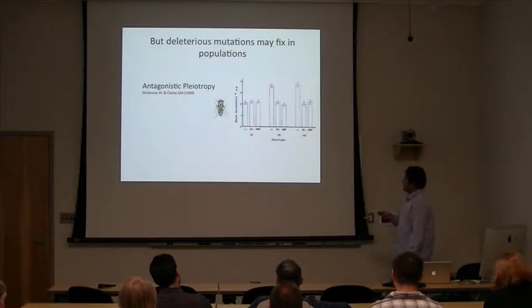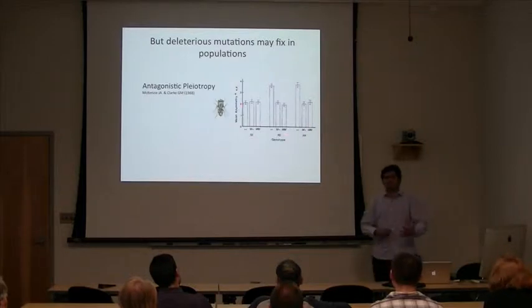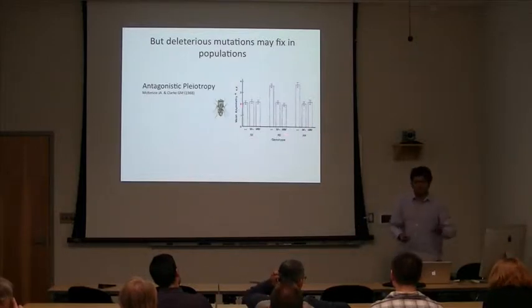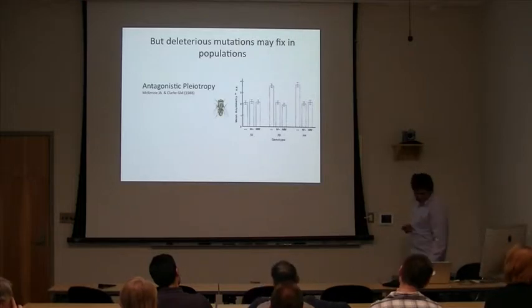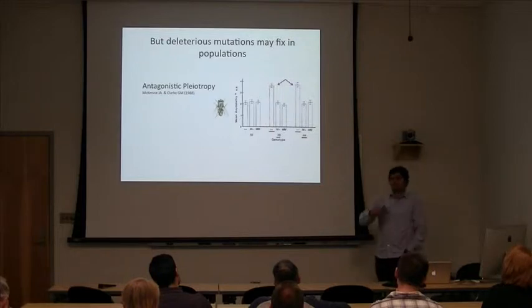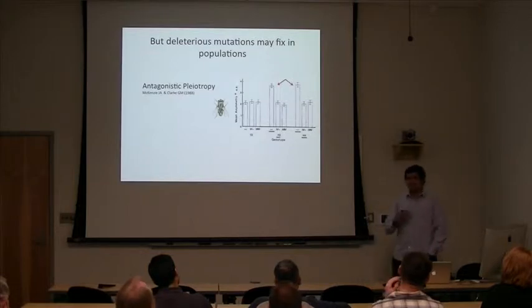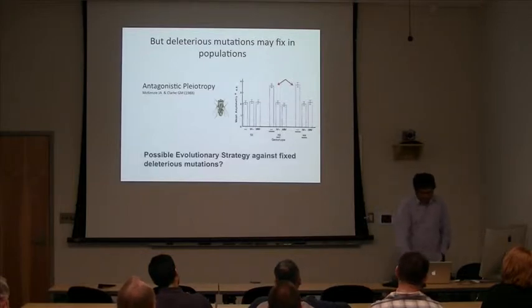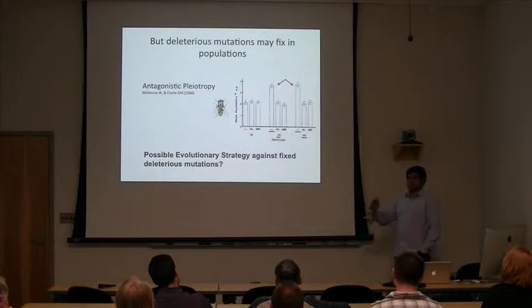And this has a plot of resistant genotype versus the mean asymmetry, which is a measure of fitness here. And you can see that whenever the resistant phenotype occurs in the ancestral or plus population, the asymmetry is higher, indicative of antagonistic pleiotropy. So you have deleterious mutations that get fixed in a population.